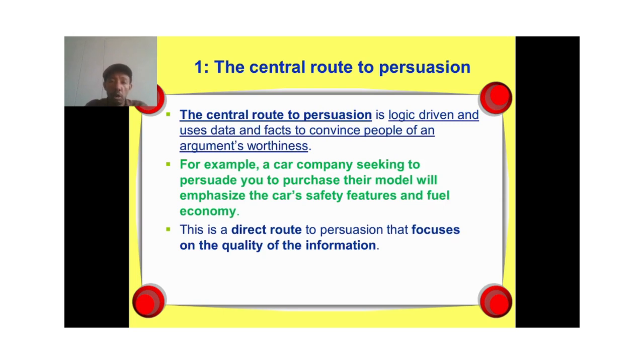The central route to persuasion is logic driven. So it's based on reason, logic, hypothetical deductive reasoning, evidence, scientific evidence, abstract reasoning about the product. For instance, relating the importance of the product to scientific research.